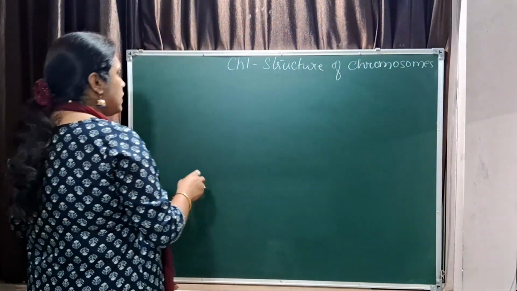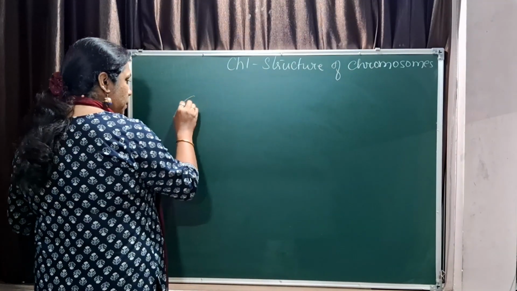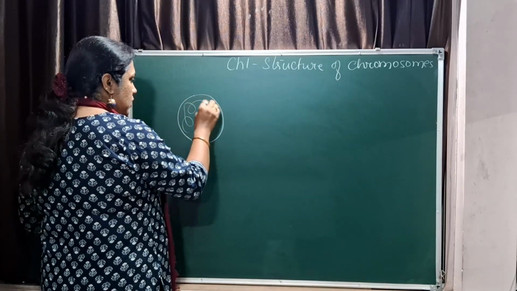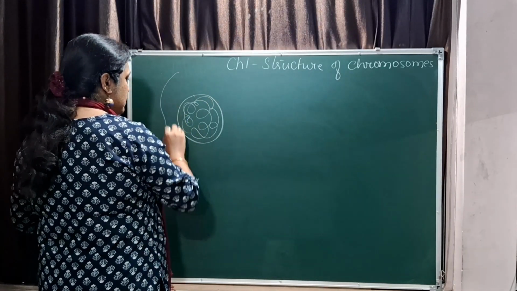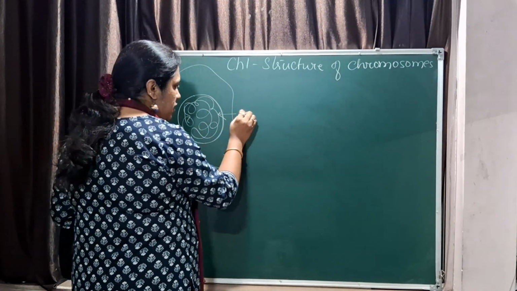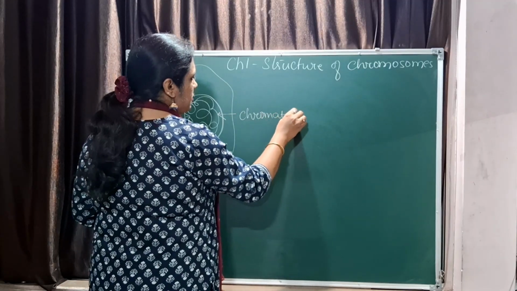Okay. So first, in order to understand what a chromosome is, I hope you remember a cell and the nucleus, which has got a thread-like structure present, right? This is a cell. These thread-like structures are called chromatin fibers.